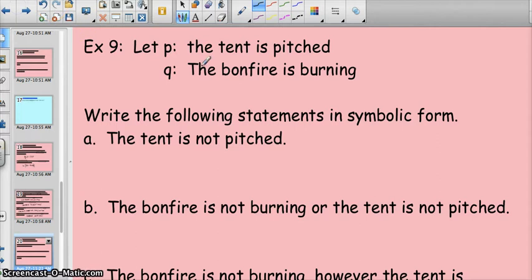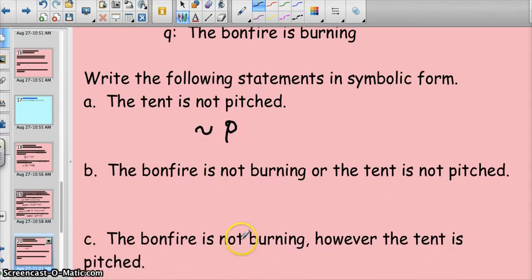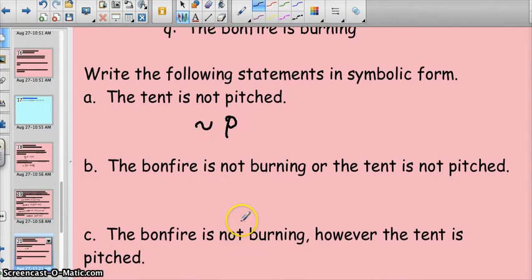All right, last one. We're just going to practice a little bit more with symbols. The tent is pitched is P, the bonfire is burning is Q. If we write symbolically that the tent is not pitched, we say the tent is pitched and put a not in front of it, which is a negation. Continuing on, "the bonfire is not burning or the tent is not pitched."